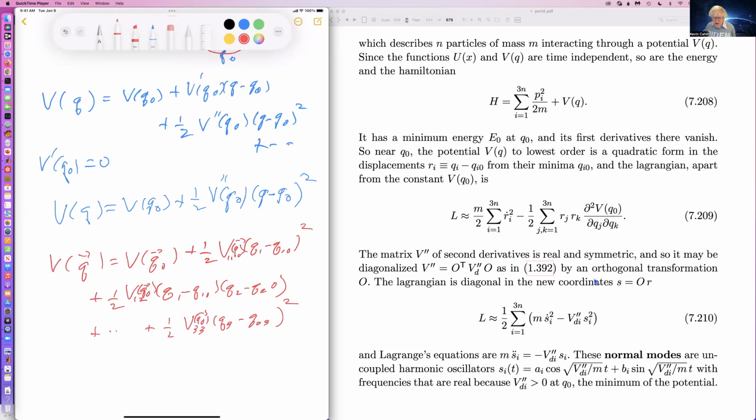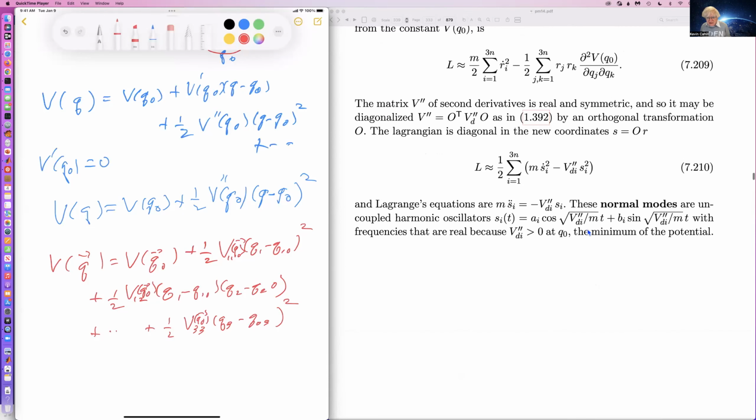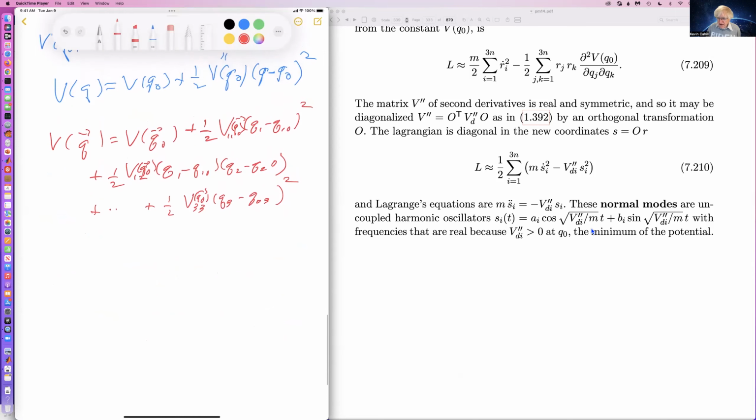And so this becomes just a bunch of harmonic oscillators, and these things are the normal modes. If you have your Lagrangian, let's go back to one dimension. So it's 1/2 m s dot squared minus a half v double prime s squared.